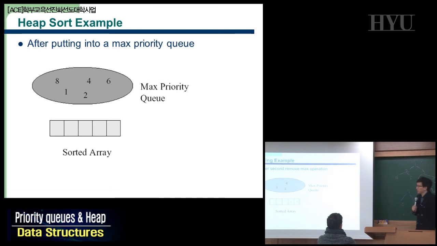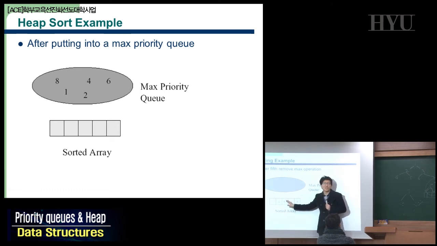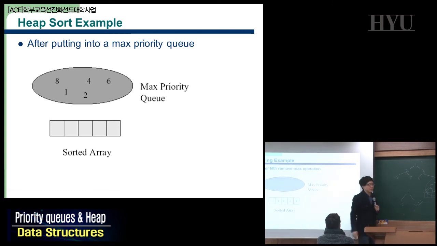So it's max. He's taking out the largest one first. I thought it was a min. Take out the largest one first. You put that in the last position in the array. Likewise, 6. As you take it out in order, put that into the sorted array. So this is not the array stored in the heap. 이거는 힙 만드는 어레이가 아니라 그냥 나오는 결과값 넣는 다른 어레이예요. 혹시 헷갈리지 마요.